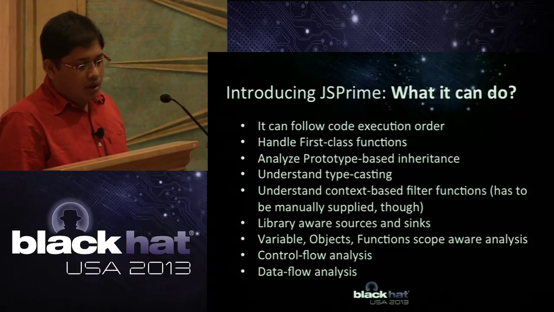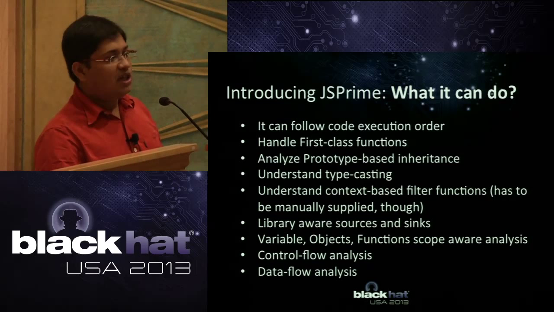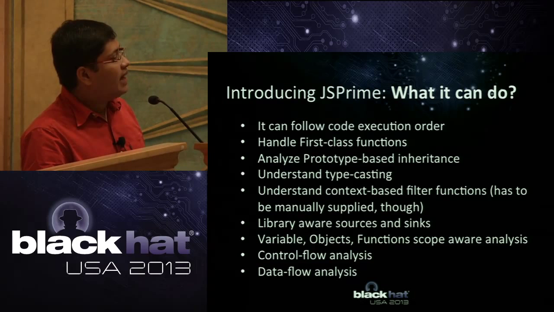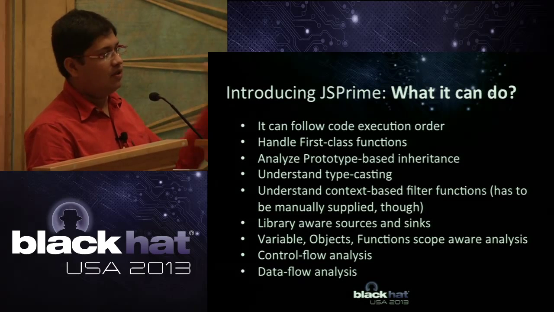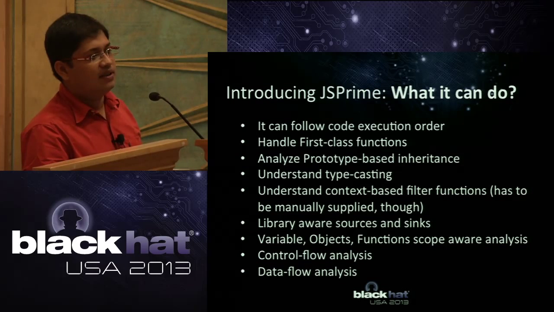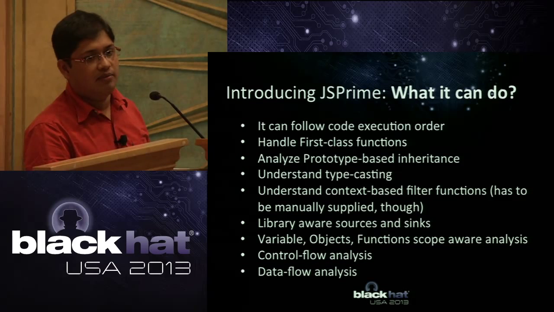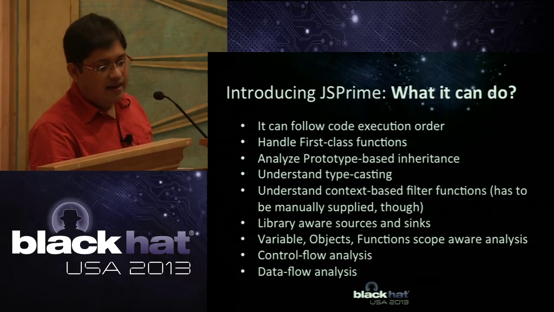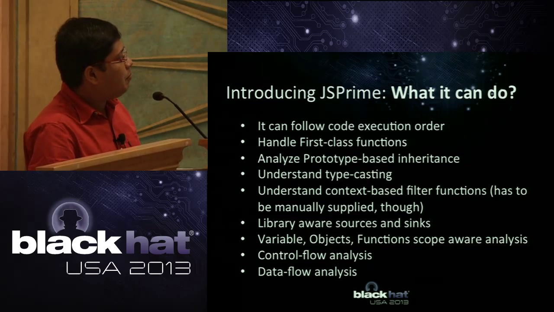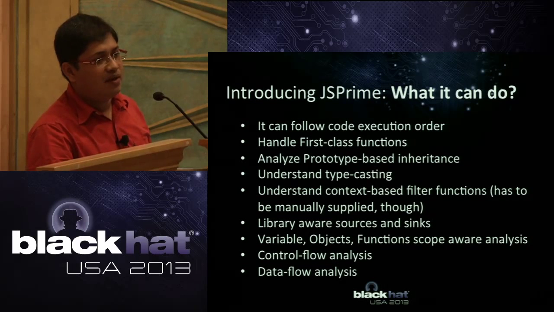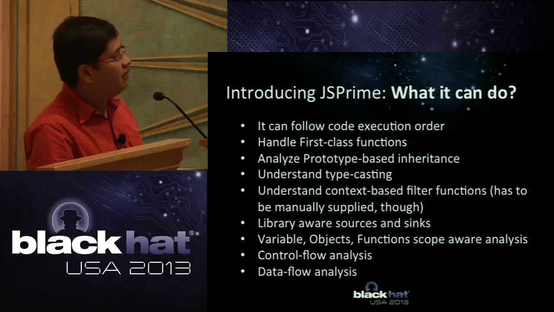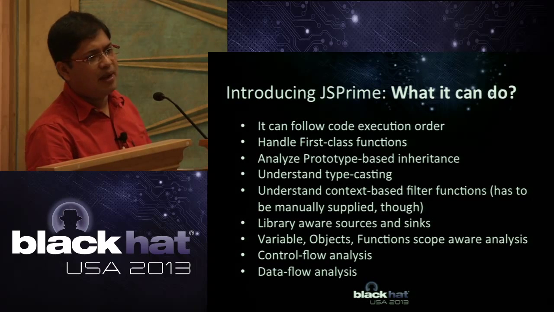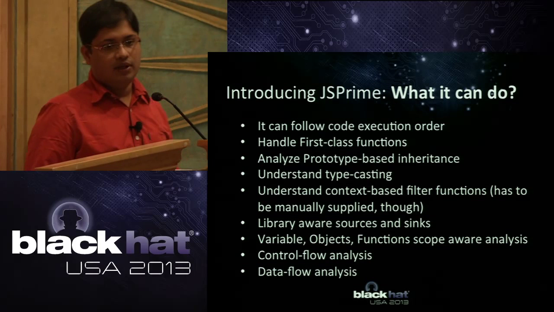Okay. So what can JSPrime do? It can follow code execution order; I'll show you in the demo. It can handle first class functions, which I have mentioned earlier. It can analyze prototype based inheritance. It can understand typecasting. It understands context based filter functions, though it has to be manually fed; you have to manually configure it.